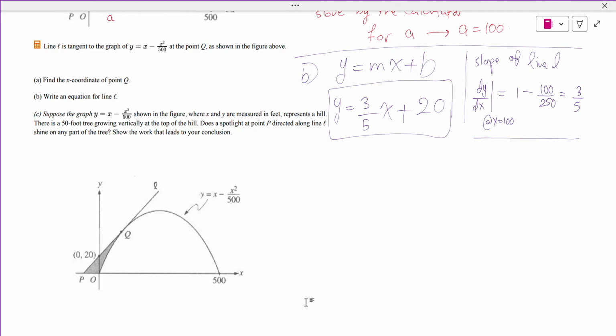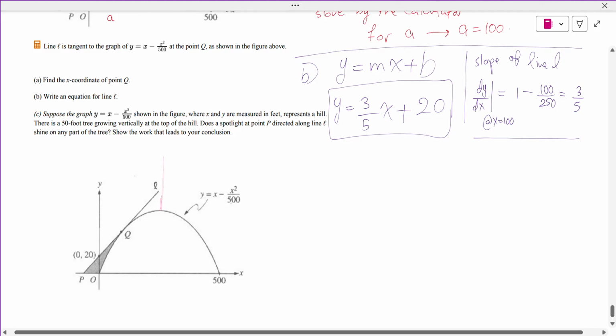There is a 50-foot tree growing vertically at the top of this hill. Does a spotlight at point P directed along line L shine on any part of the tree? So what do we have in this part? We have a hill represented by the parabola.